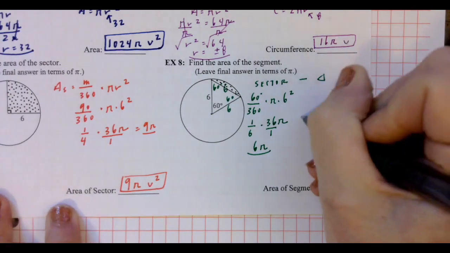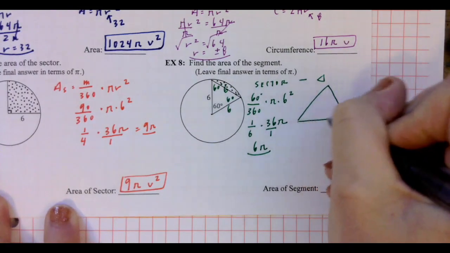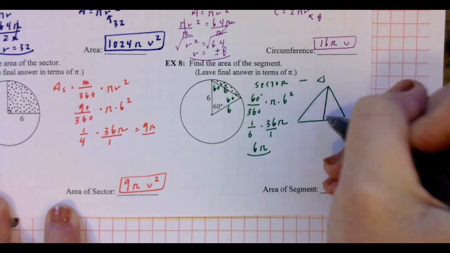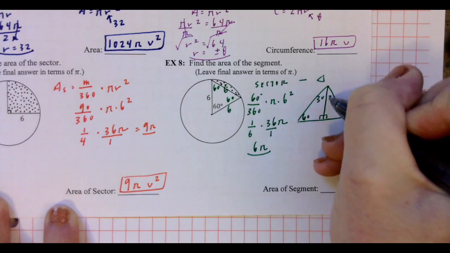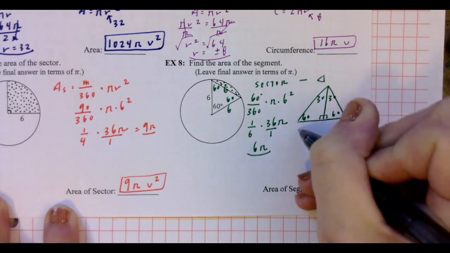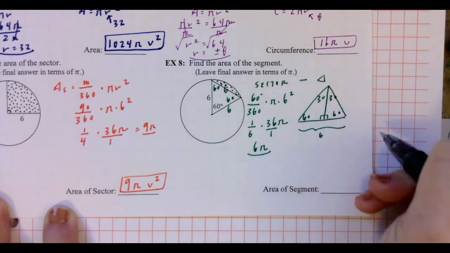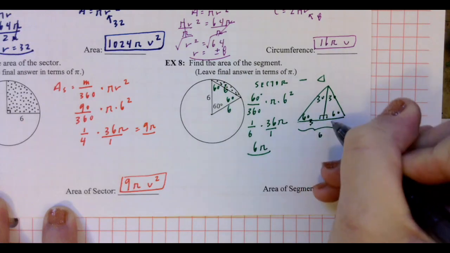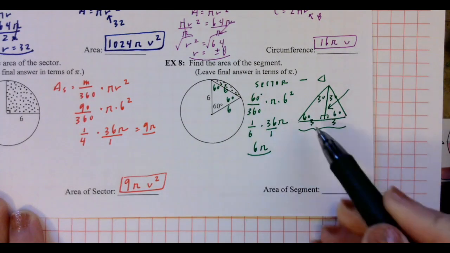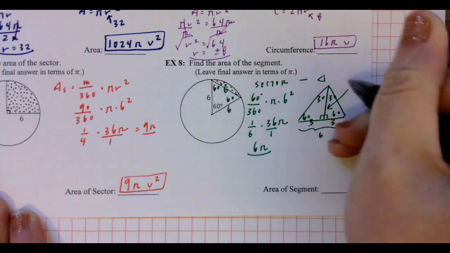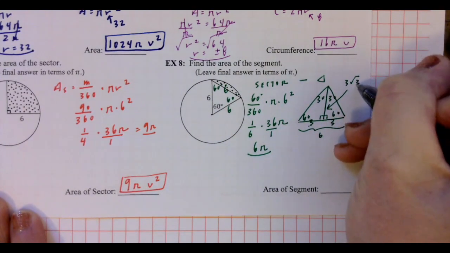Okay, and then the triangle, let's say that I draw it out a little bigger, right? It's equilateral, so if I split it down the middle, it splits into 2 congruent 30, 60, 90 triangles. Each side is 6, so each half side is 3. I'm going to need the height of it. So if this is x, this is x root 3, 3 root 3.